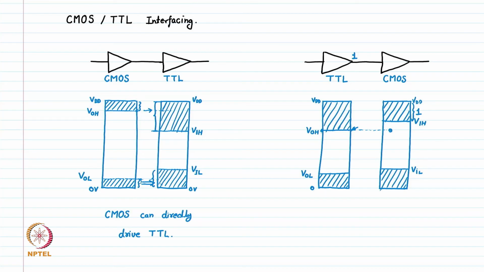So this VOH is not directly detected as 1 because there is a voltage difference. The output of this TTL at this point is not high enough to be detected as 1 by the CMOS gate. So this is the problem when TTL drives CMOS. So we can write that TTL cannot directly drive CMOS.